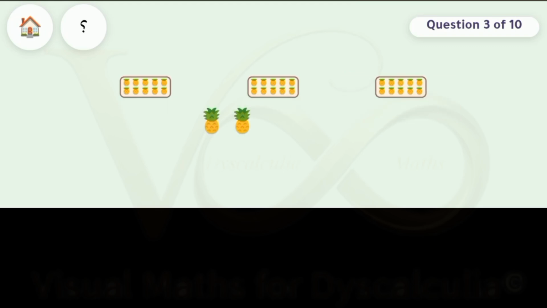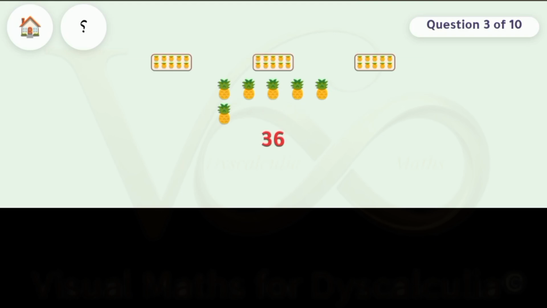Full box. 21, 22, 23, 24, 25, 26, 27, 28, 29, 30. Full box. 31, 32, 33, 34, 35, 36. We share it into 6 groups.